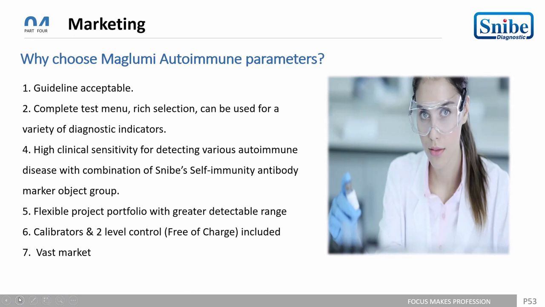Also, we have calibration and 2 levels of QC included with the reagents, even for regulated countries. If they want to register our product, they have a one-window solution. They only register the product with the bundle deal of calibrators and controls.